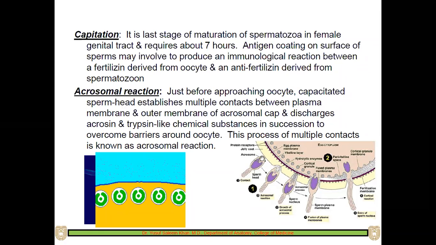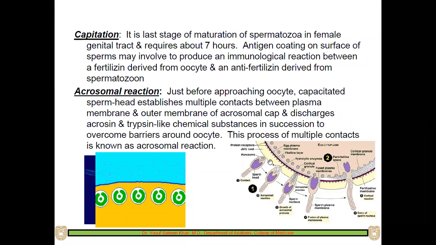Acrosome. As I said, there is an acrosomal cap on the sperm. This is the sperm head. This is the tail of the sperm. On the top there is the acrosomal cap. Now there is some reaction going on there. Just before approaching the oocyte, the capacitated sperm head establishes multiple contacts between the plasma membrane and the outer membrane of the acrosomal cap.